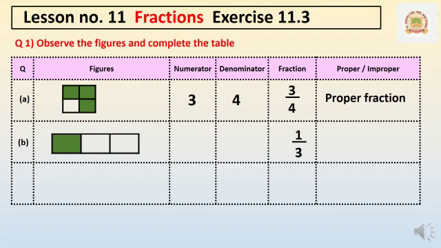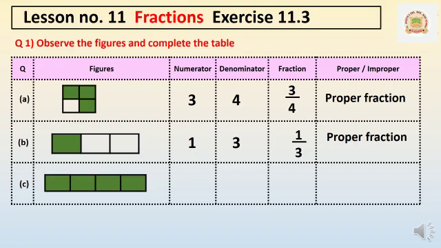There are 3 parts, so 1 is the numerator, 3 is the denominator. It is also a proper fraction. Fourth one. 4 blocks are there and all are colored, so it becomes 4 by 4. So it is one whole thing also. That is why it is called an improper fraction. So this is the method to solve question number 1, children.